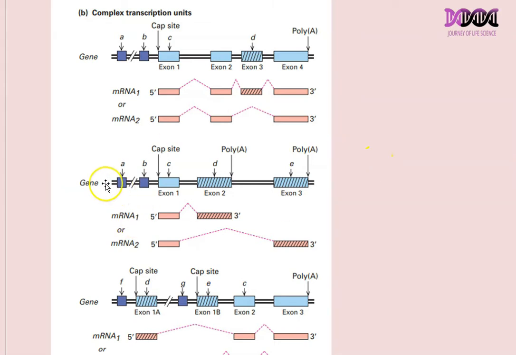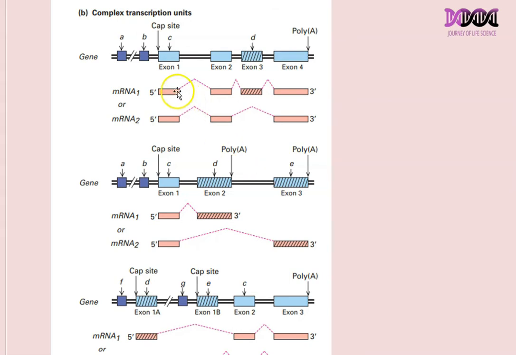So it can reduce the energy utilization. If you see gene 2, it has a single cap site but two polyadenylation sites. So these two exons can be transcribed, or these two exons can be transcribed. The use of different polyadenylation sites means we can terminate in between, where the polyadenylation site is.